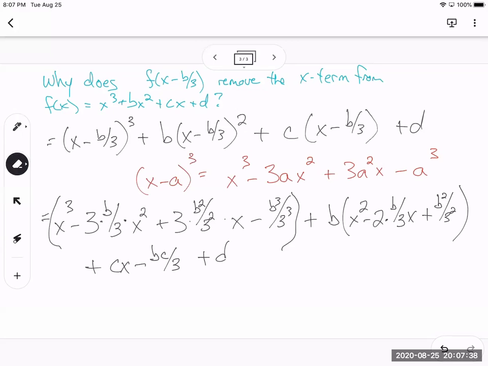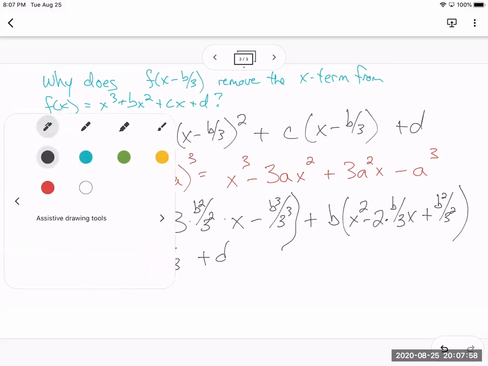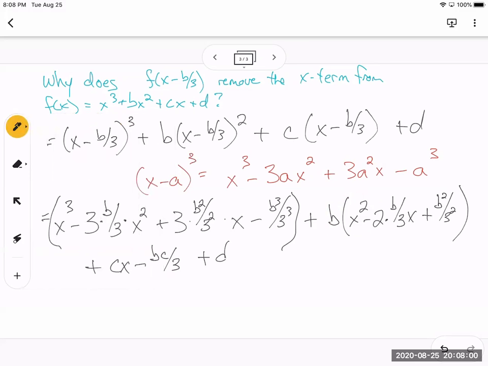Next thing I want to emphasize is here and here are the only places x squared terms appear. So I'm going to totally cheat, and I'm only going to pay attention to those terms next, because we're interested to see that they cancel out, I guess.